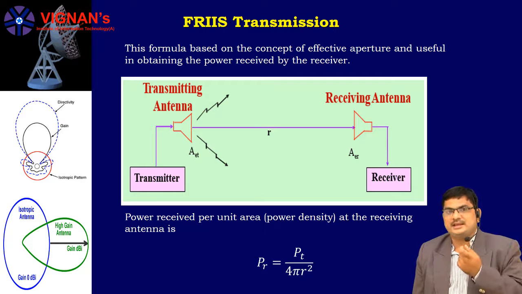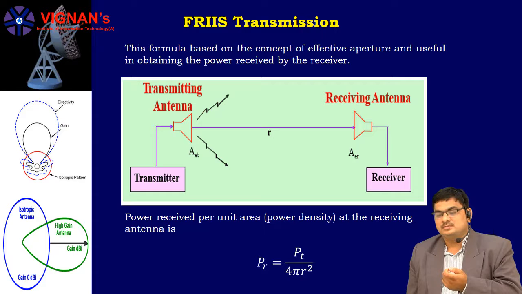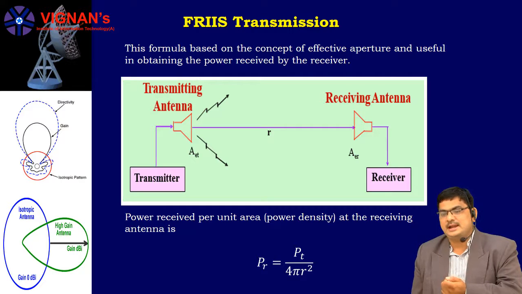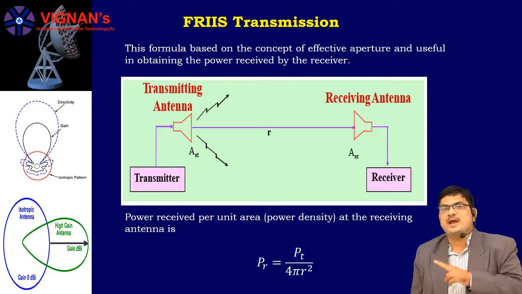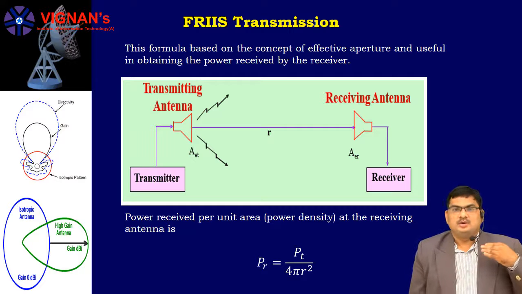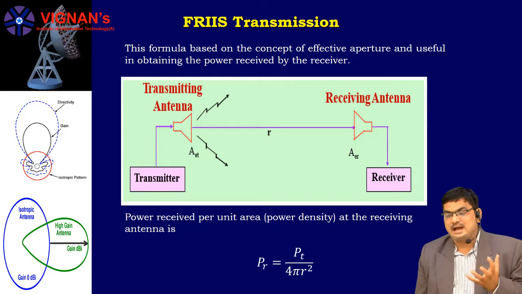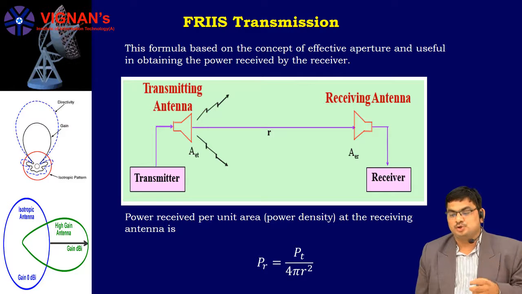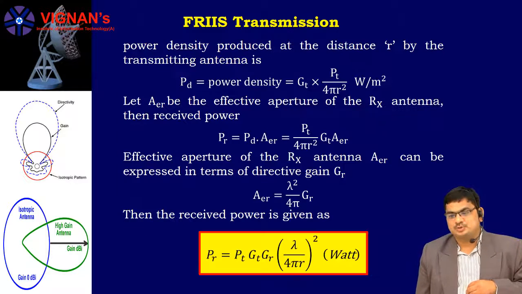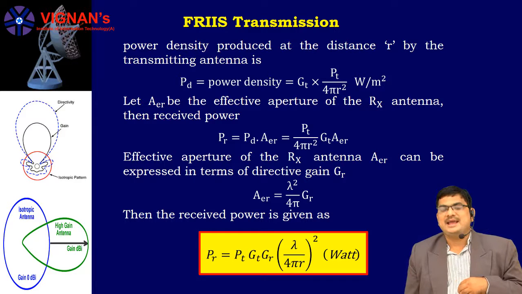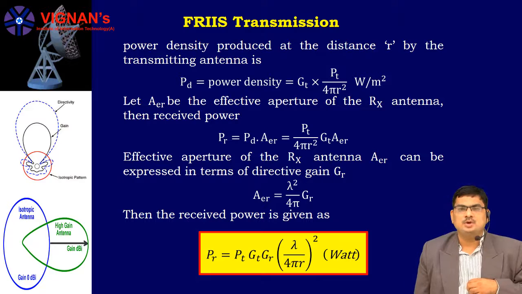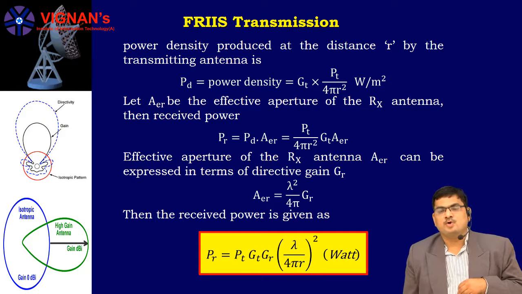The maximum effective aperture on the transmitting side is AET, the maximum effective aperture on the receiving side is AER, and the distance between the two antennas is R. The power density produced at a distance R by a transmitting antenna is PD equals GT into PT by 4 pi R square, in watts per meter square.